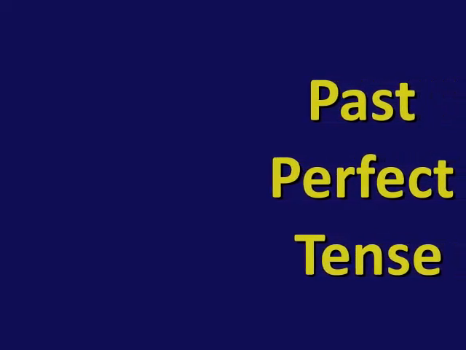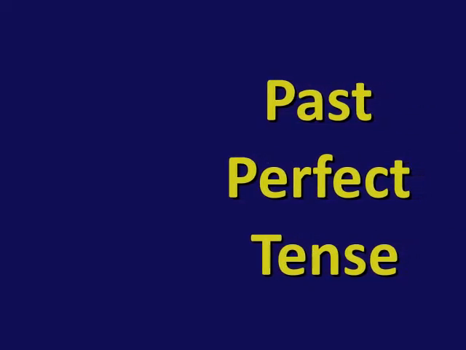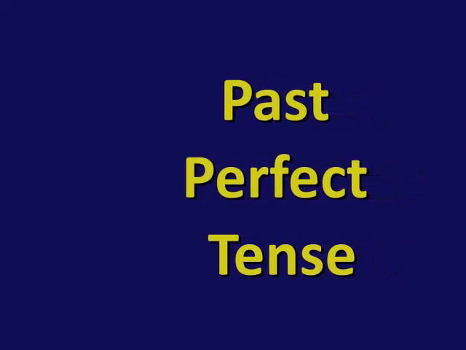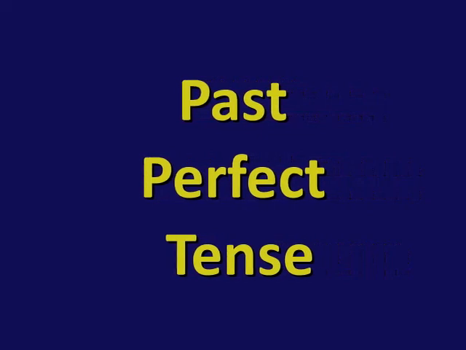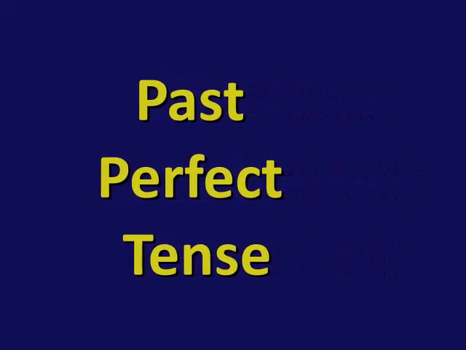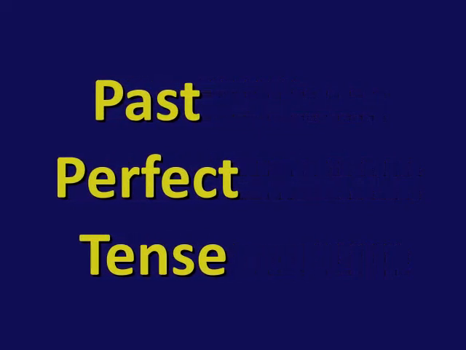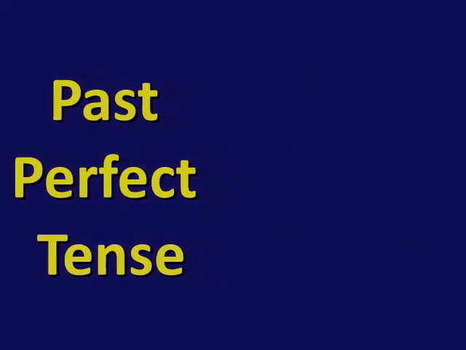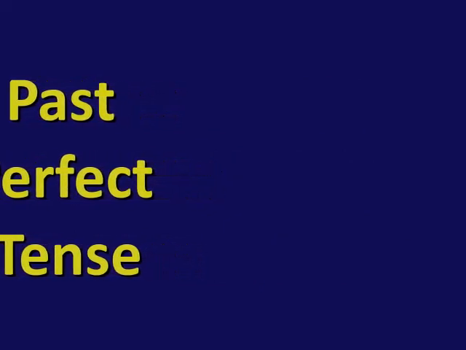Now children, we will move to the third kind, that is past perfect tense. Now how are we going to define it? Children, it is a verb tense used to talk about an action or an activity or an event that was completed before some point in the past. The formula of past perfect tense is had plus past participle form of verb.